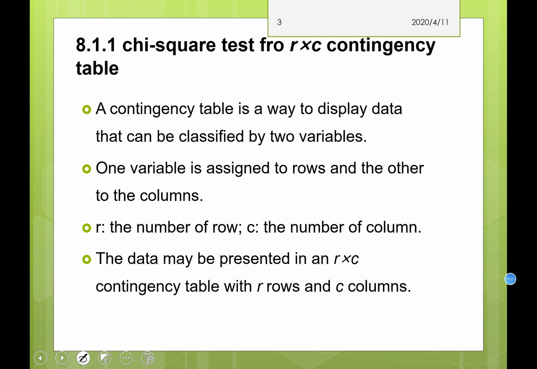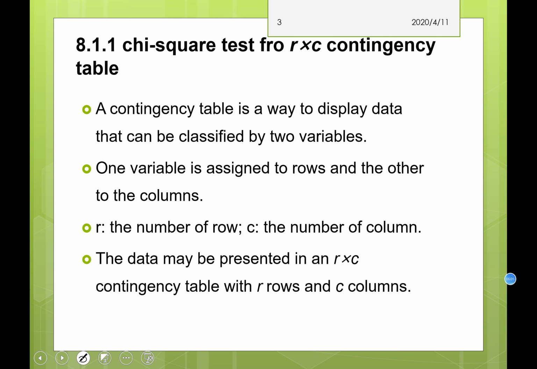So that means we have only one grouping variable. But what we will learn in chapter 8 is a method used for two variables. And here, one of the two variables is still the grouping variable. And the other one, most often, is the results or effectiveness of some treatment.